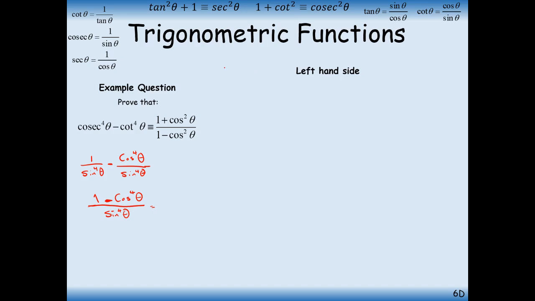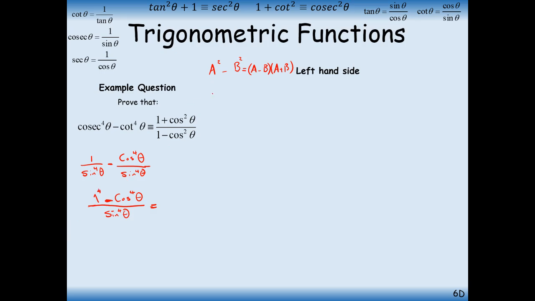Whenever we had a difference of two squares, for example a square minus b square, it would have been factorizable as a minus b multiplied by a plus b. So in our case, we have a power of 4, and we can treat this 1 as 1 to the power of 4. That's still fine, because with even powers, we can always halve the powers.